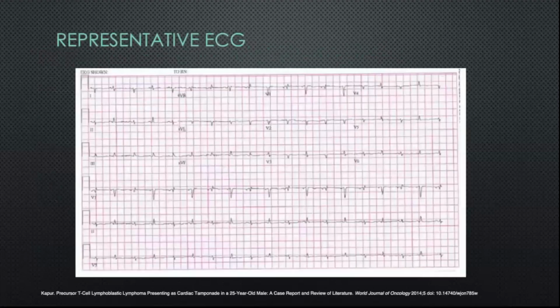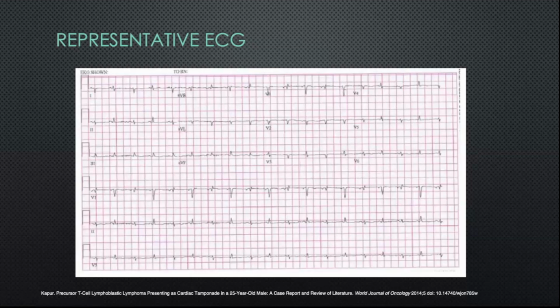So this is just a representative ECG. I didn't have access to his actual ECG anymore, but what you can see is a 12-lead ECG here. The patient's clearly tachycardic, sinus tachycardia, and what you can see if you look closely is that you have different sizes of the QRS complex, which is suggestive of electrical alternans, a sign of something that's in between the heart and the chest wall and moving.